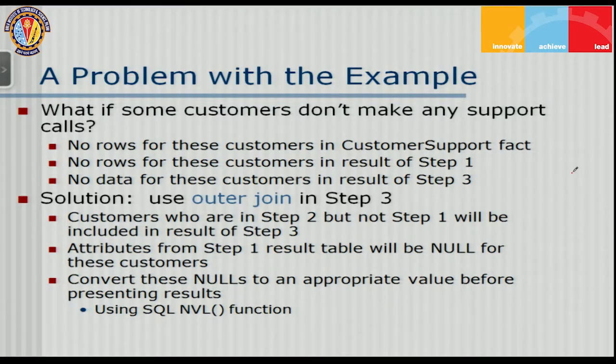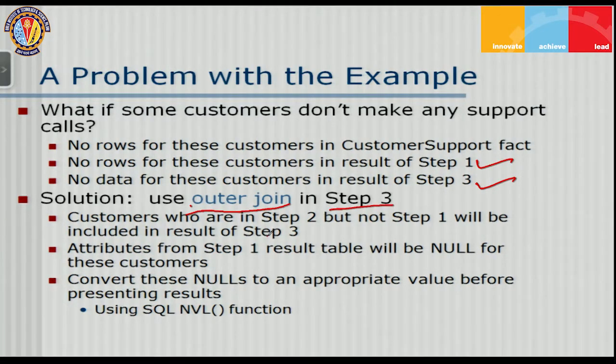Now there are some problems that I see with this particular example. What if some customers don't make any support calls? If that happens, there would be no rows for those customers in the customer support fact. So no rows for these customers in step 1 and therefore no rows for them in step 3. The solution is that instead of doing the conventional inner join, I do an outer join in step number 3.